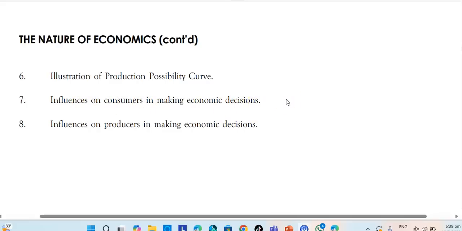And the first factor that influences consumers in making economic decisions is budget slash income. So the first influence we're going to look at is budget slash income. Now, how does income slash budget influence consumers in making economic decisions?